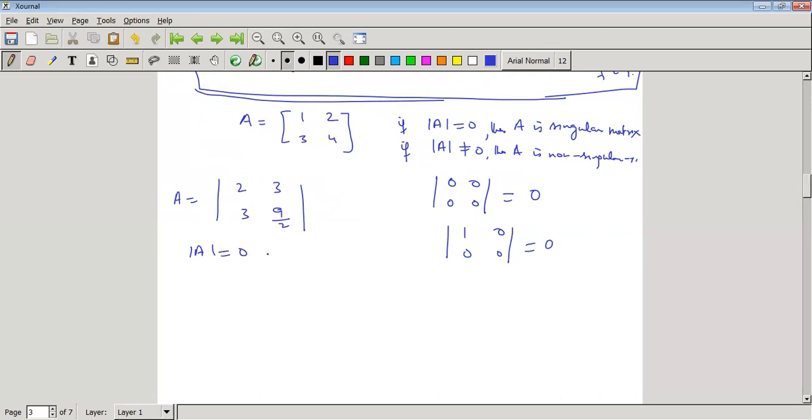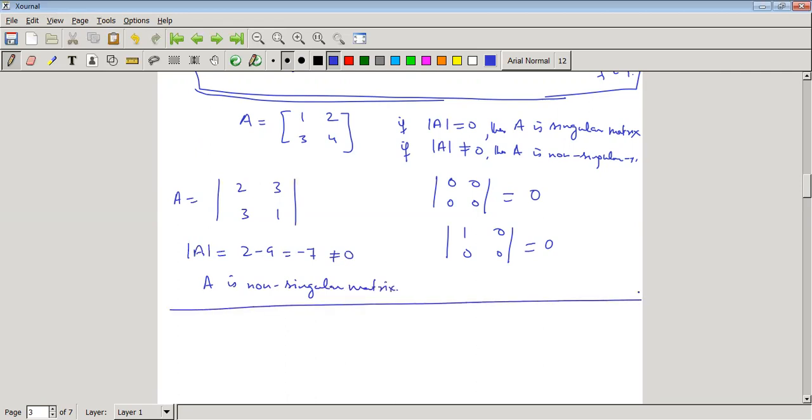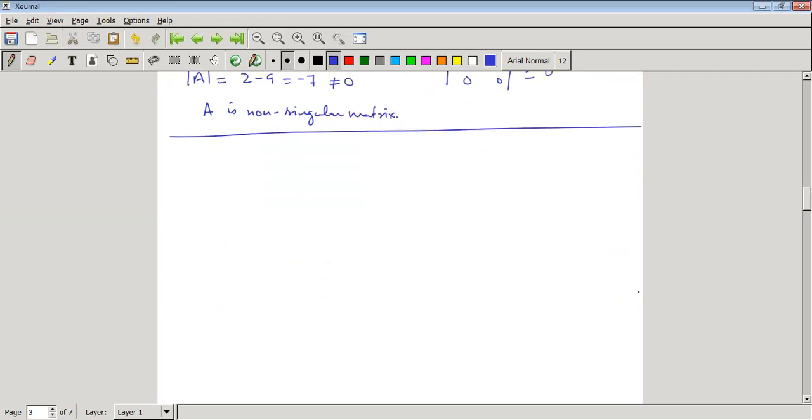But if we take this matrix, then the determinant of A is equal to 2 minus 9, that is minus 7, which is not equal to 0. Then A is a non-singular matrix. So we use this concept in transformations also.